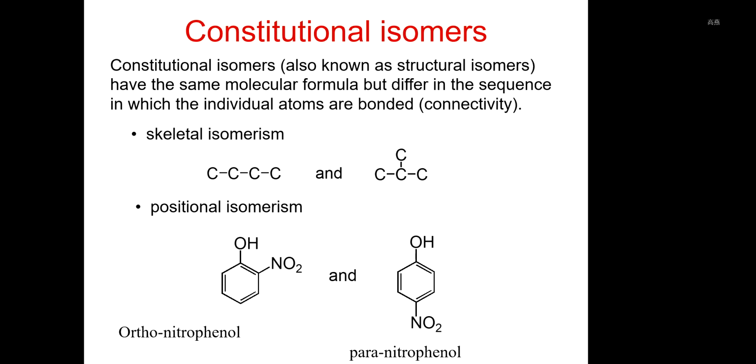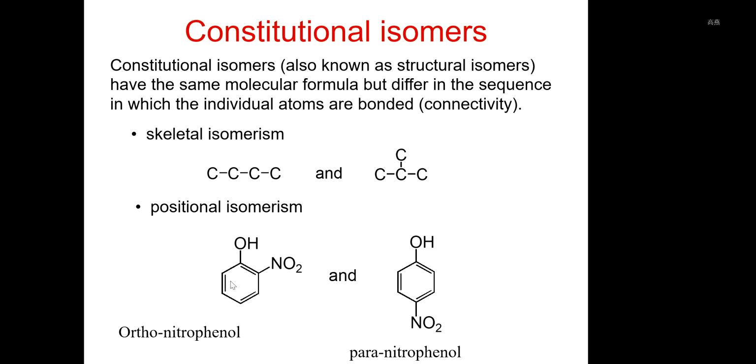In addition to that, we also have positional isomers. For example, this is ortho-nitrophenol. So on the benzene, there are 2 groups. The first one is hydroxyl, and the other one is a nitro group, right? If the nitro group and hydroxyl are adjacent, this is called ortho position, right?